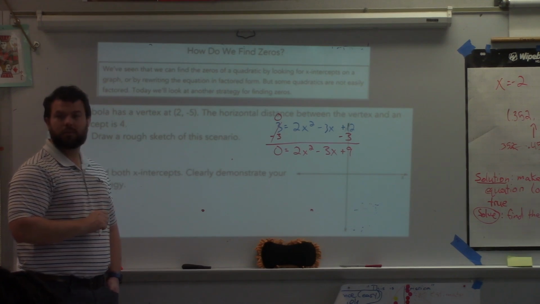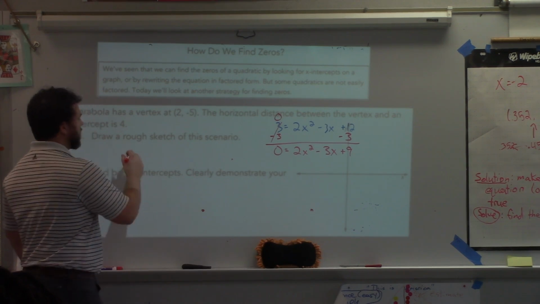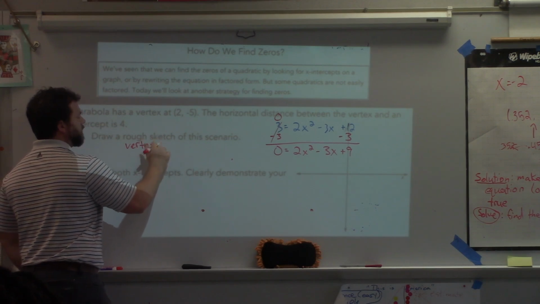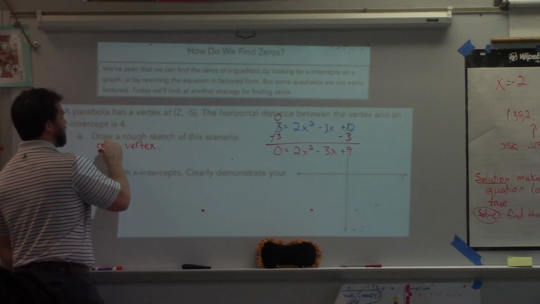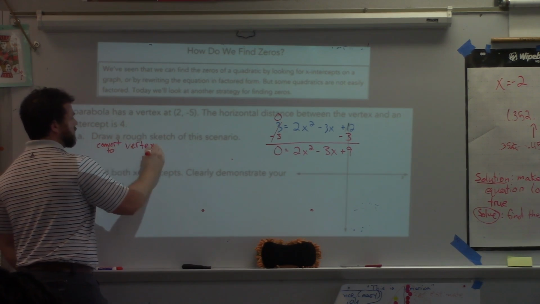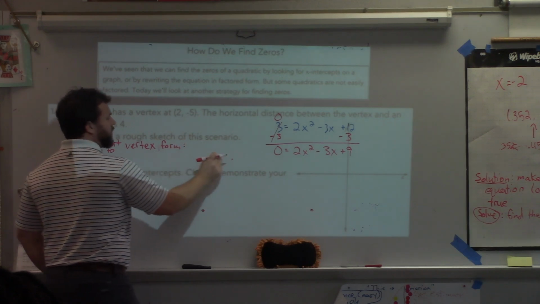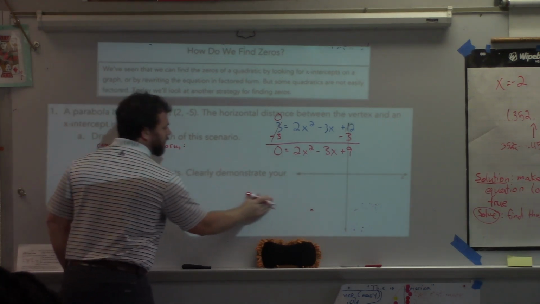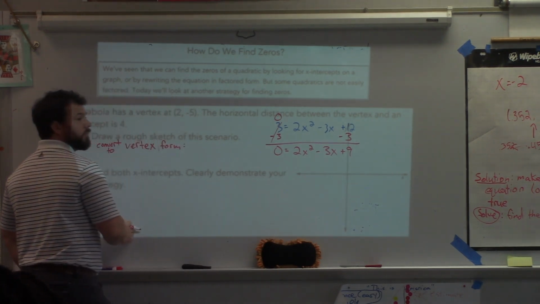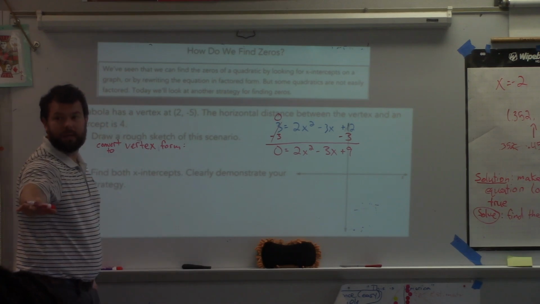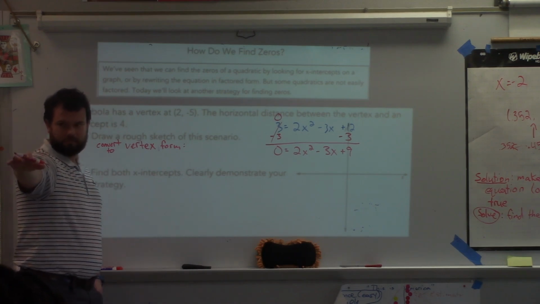No idea? What would be my first step in using vertex form? What's the first thing I need for converting to vertex form? Well, I'm going to give you a hint. Okay, Taj, if I want vertex form, what do I need?